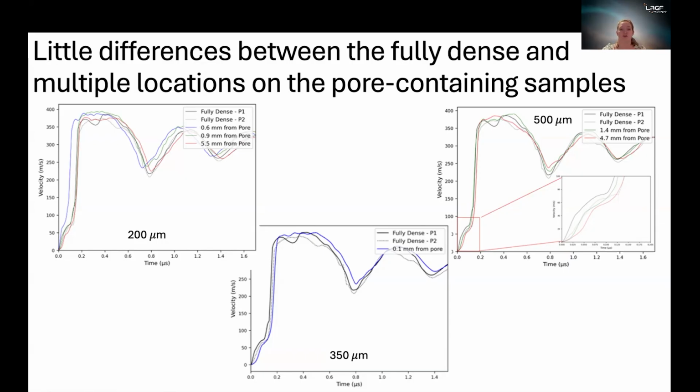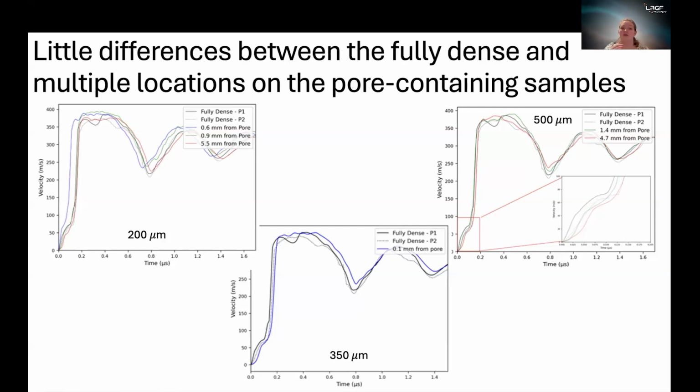However, there are very little differences that can be measured between the fully dense or any of the locations on these pore-containing samples, for any of these velocities or any of these pore sizes: 200 micron, 350 micron, or 500 micron pores. There are some variations, but due to the heterogeneity that is always present in additively manufactured materials, these differences can't specifically be attributed to the presence of the pre-existing pore.